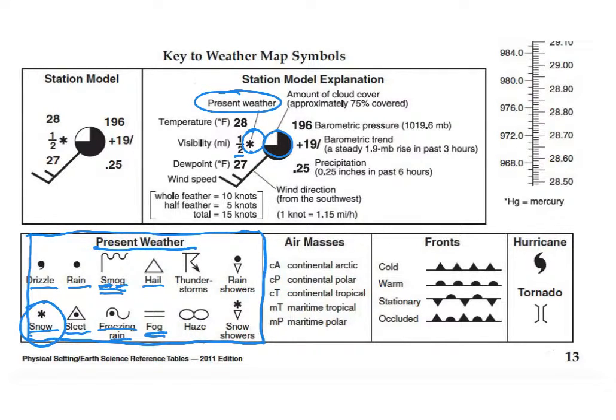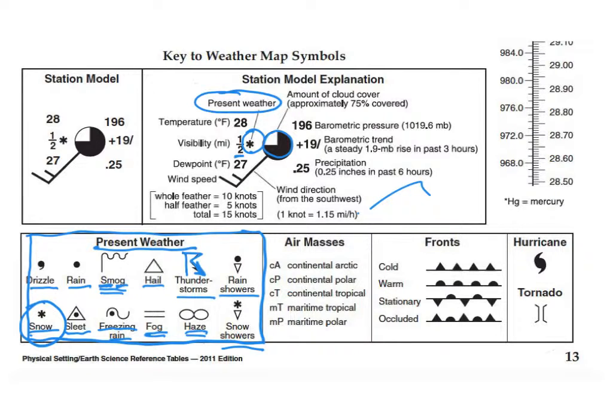Hail, remember we talked about how you get hail, these solid little balls of ice that fall from the sky. Thunderstorms, which kind of looks like a weird looking R with an arrow on it. Haze, which is very similar to smog. You could have rain showers, which again is light rain, or snow showers, which is light snow.